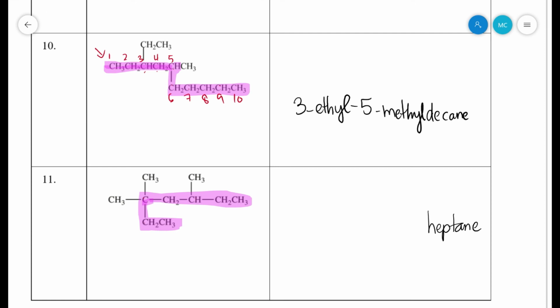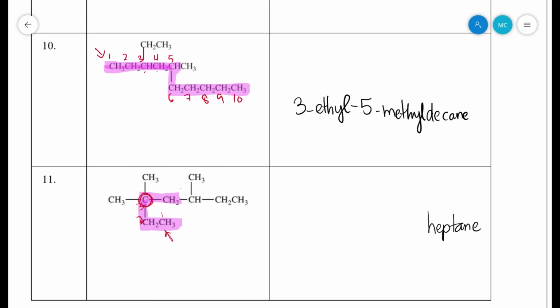And the way you number it, if you go from here, you would hit 1, 2, 3, this carbon, right? But this carbon is only bonded to one methyl group. But if you start from here, 1, 2, 3, this is the preferred way because you hit this carbon number 3, and this carbon is actually bonded to 2 other substituents. So you would pick this way and not the other way.